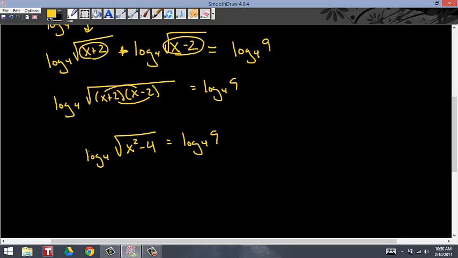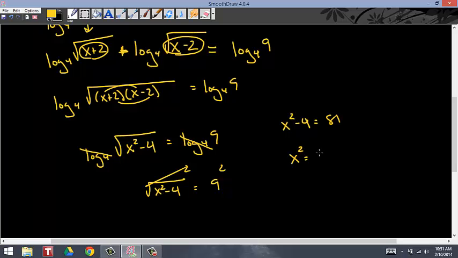Now that I have a single logarithm of the same base on both sides, that can go away, and that can go away, and I end up with the square root of x squared minus 4 equals 9. I'm going to square both sides, so I get x squared minus 4 equals 81.